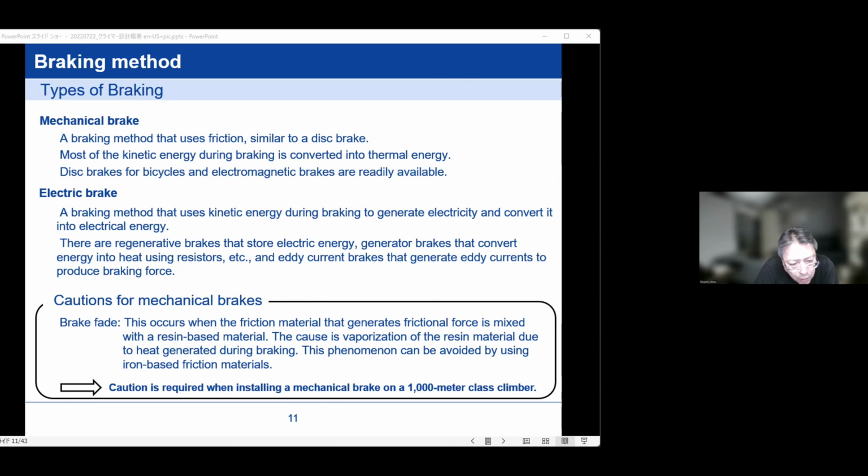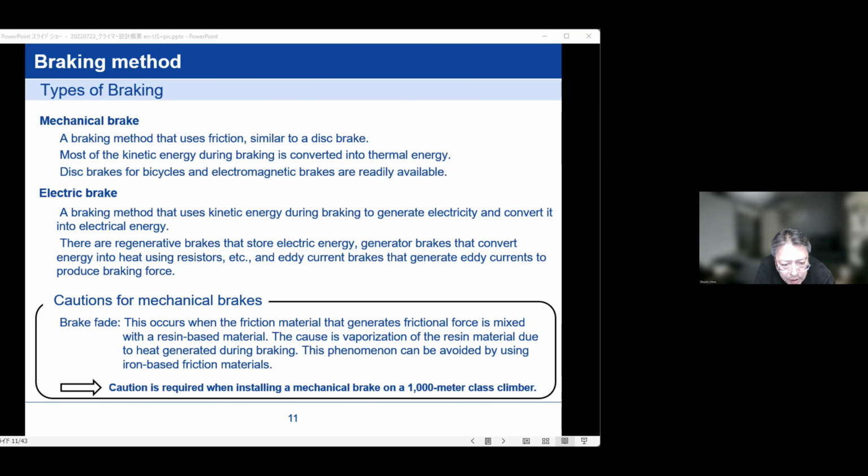As for mechanical brakes, there are things like bicycle disc brakes and electromagnetic brakes, and they are very easy to obtain. So I think we'll basically be using these. And as for the electric brakes, the kinetic energy of the vehicle at the time is used to generate electricity and convert it into electrical energy.